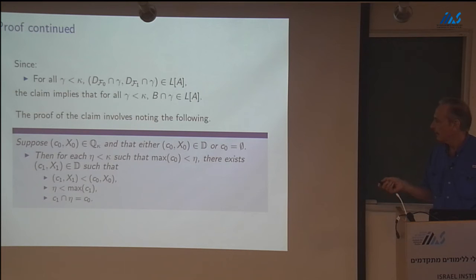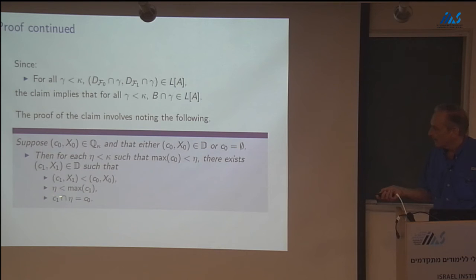Suppose you take a condition in our fast club forcing, which is in our dense set or empty. Then for each eta less than kappa, for which the maximum of C0 is less than eta, you can find a stronger condition in our dense set such that you're below the given condition.